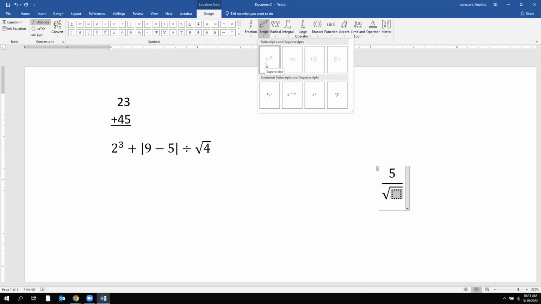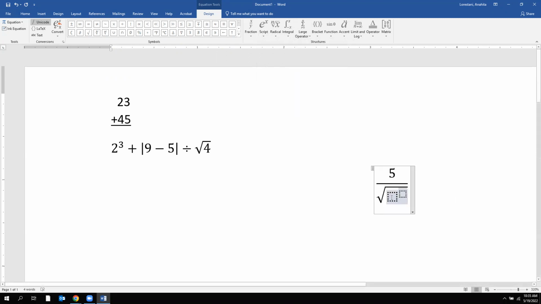And this is how your script is going to look like. So you type x, you use the left arrow to go to that exponent box, you put 2. You want to get out of that exponent box. Again, use the right arrow, and then type minus 3.